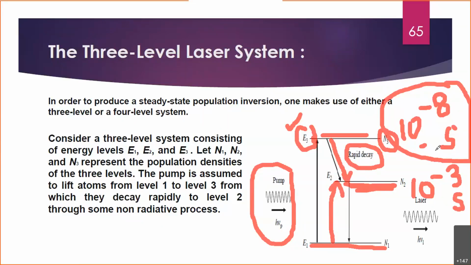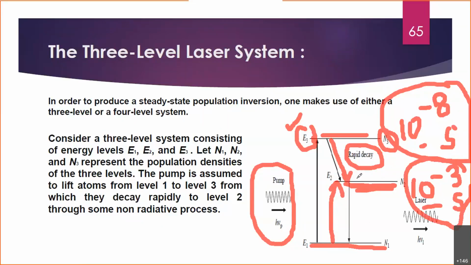So after coming to level number 2, since the lifetime is more, the particles, which are still in the excited state compared to the ground state, can stay for this much amount of time.